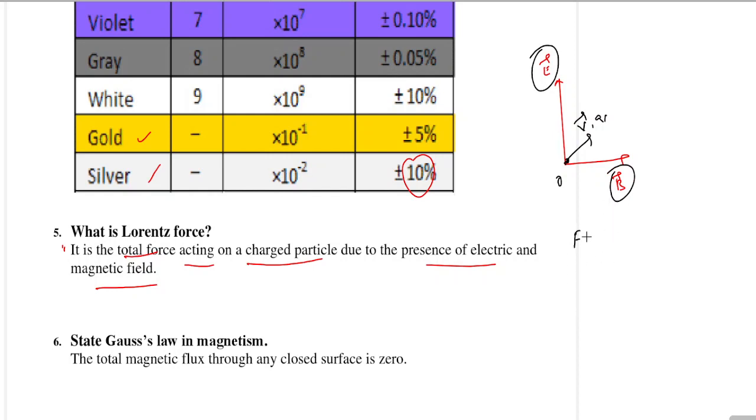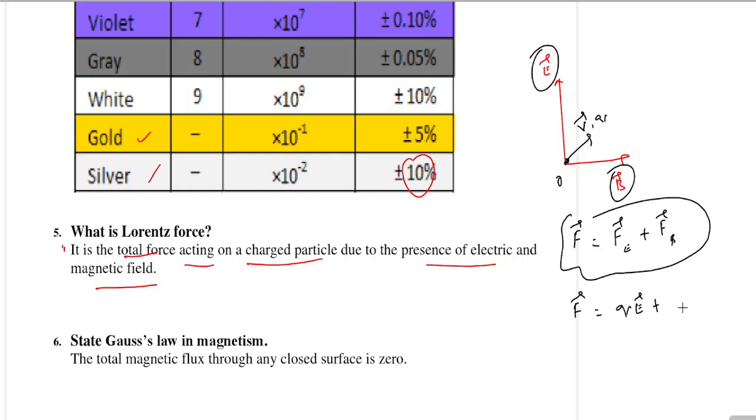Therefore, the total force on the charge would be the force because of the electric field plus the force because of the magnetic field. Solving this further, force is equal to q into E plus q into v cross B. This force is called Lorentz force.